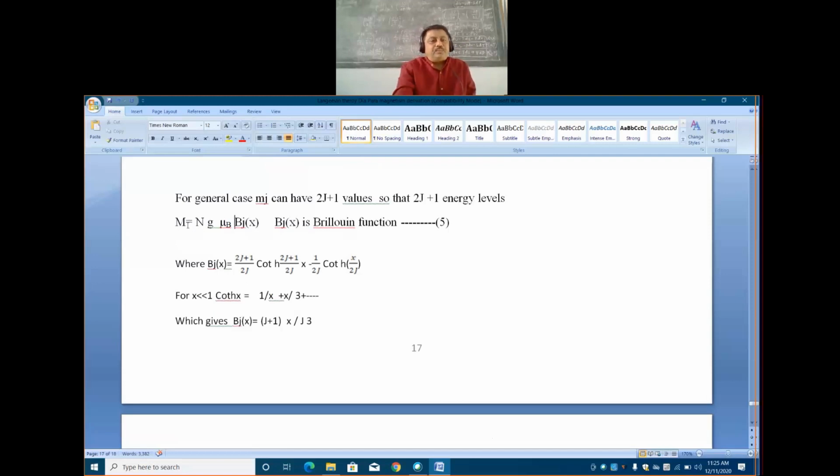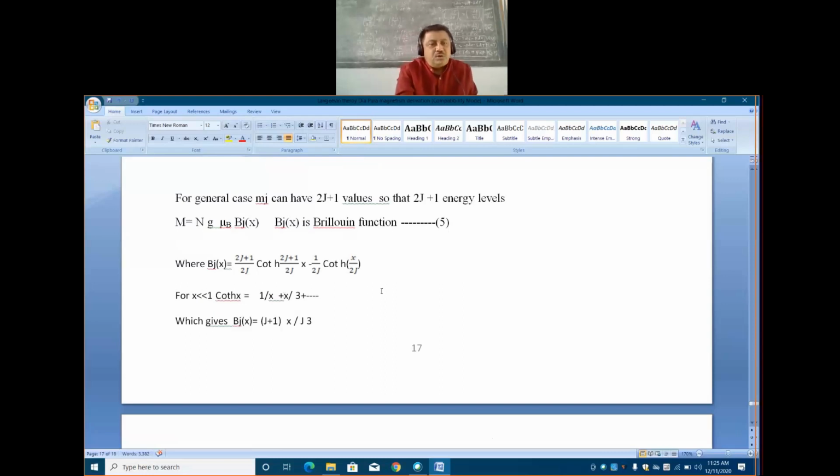It is a general condition where B_J is given by (2j plus 1) by 2j coth((2j plus 1) x by 2j) minus 1 by 2j coth(x by 2j). This is the expansion of the function B_J(x), and it simplifies for the limiting case when x is much less than 1. The coth function is 1 by x plus x by 3 plus further terms.